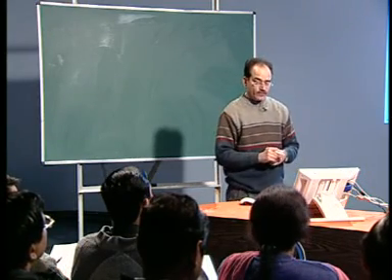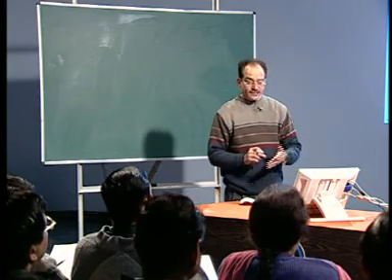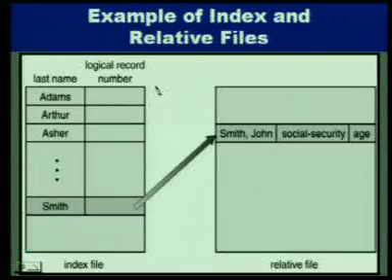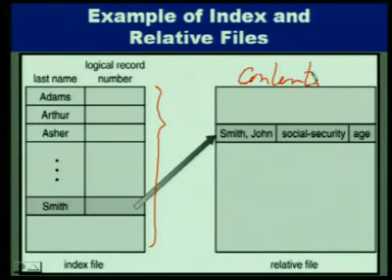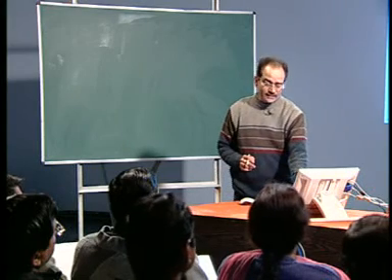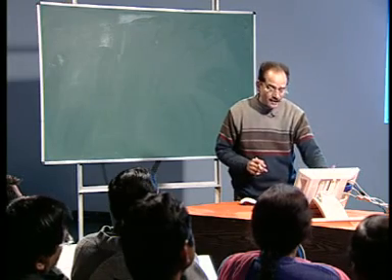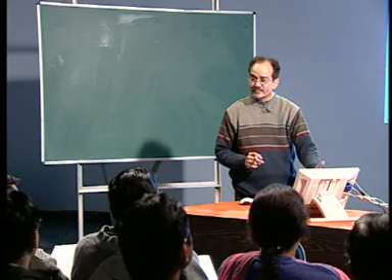So this is what we call an index or relative files. We have some sort of indexes there, maybe we will talk about this at some stage, and this is the contents. This is nothing but the contents in this particular system, and this is the address. How can I correlate?